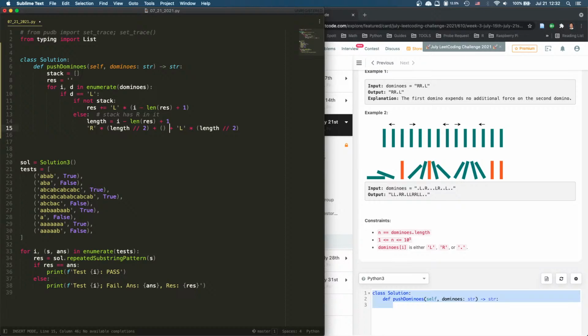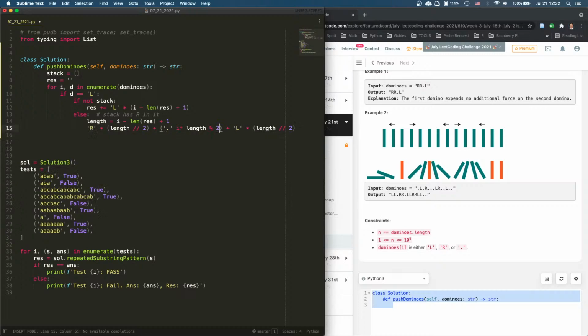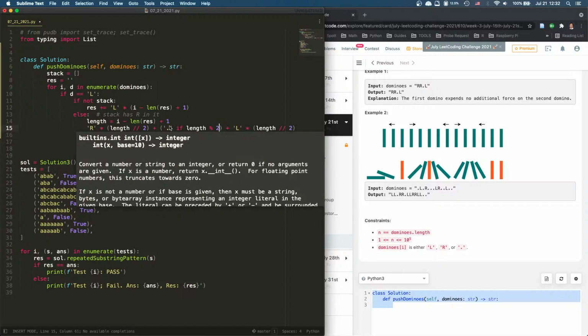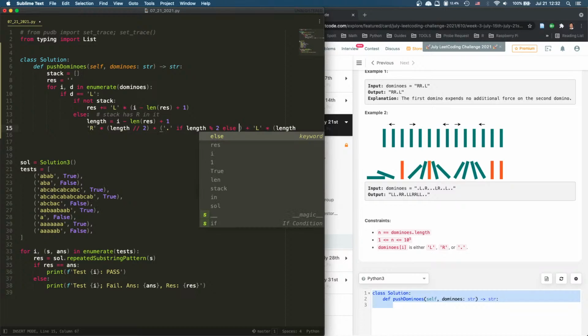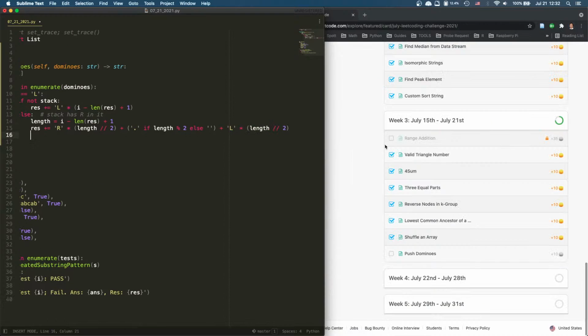It's either empty or, so we're gonna say plus this if length is an odd number, right? Like here, 1, 2, 3, 4, 5. Else, gonna be this. So this is rest plus equal to this. All right, so we handle this situation.